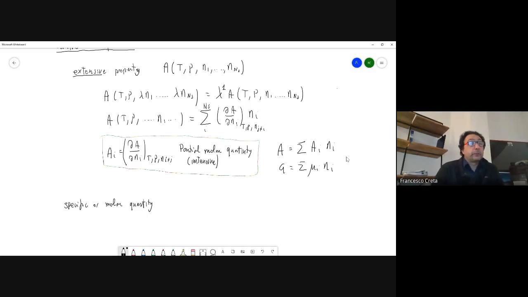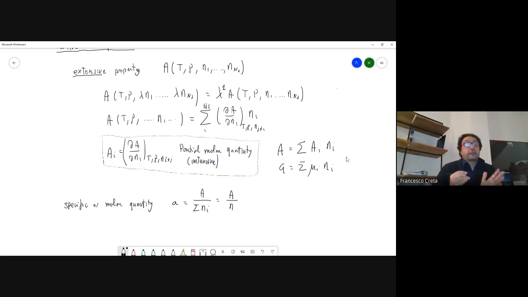We're used to taking A and writing down the specific or molar quantity with a lowercase letter a. So we take essentially our quantity A and we divide it by, for example, the total number of moles. So we take A per unit mole, A over N.